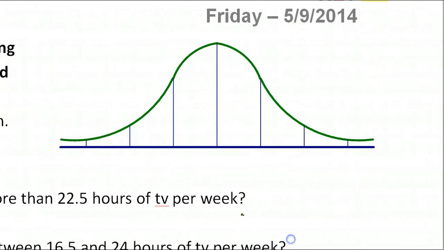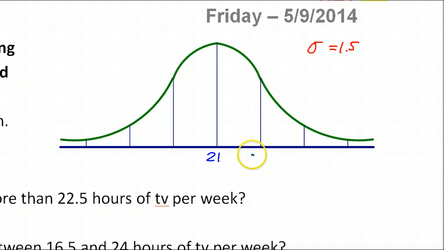Mean of 21, so that's going to go right in the middle. Okay, there's our mean of 21. Now, because the standard deviation is 1.5, as I go to the right, I'm going to increase by 1.5 because each one of these lines represents one standard deviation more.